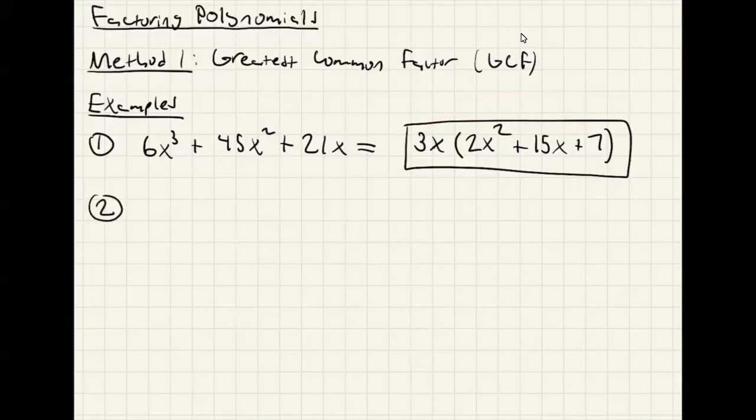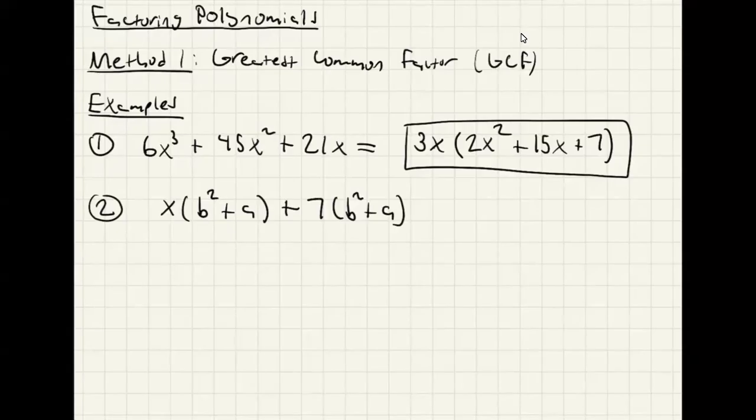Here's another example. We could do x times (b squared plus a) plus 7 times (b squared plus a). So this one's a little more abstract, but it works the same.